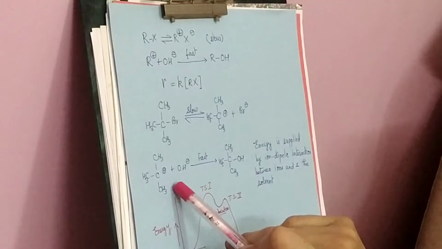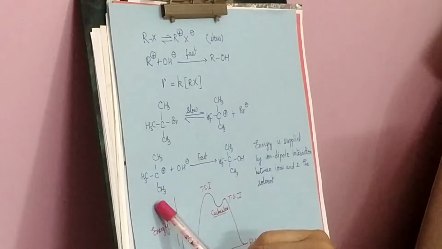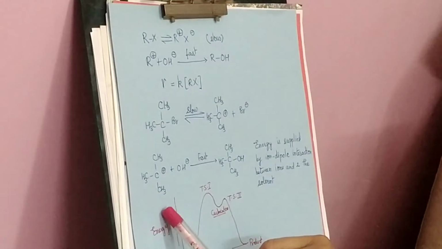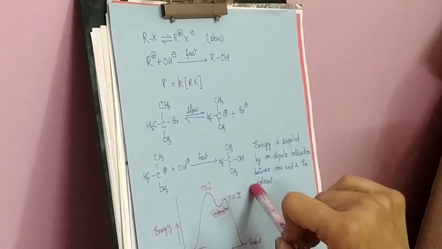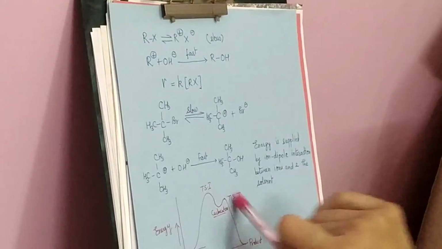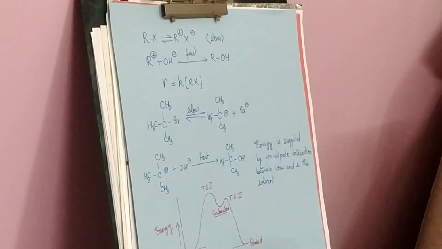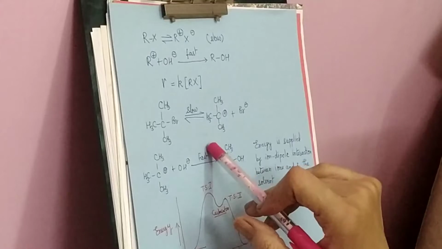Now this particular carbocation, as you can see, is a tertiary carbocation, and the energy required to carry out this whole process will be supplied by the ion-dipole interaction between the ions and the solvent.